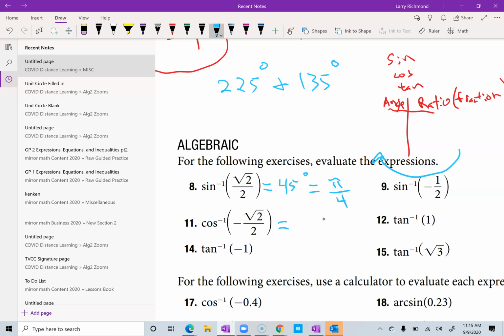That's where the restricting of the domain works. We said that cosine was going to be restricted to something. Sine was going to be restricted to something. What was the restriction for? We're dealing with the inverse here. Inverse cosine, the domain.